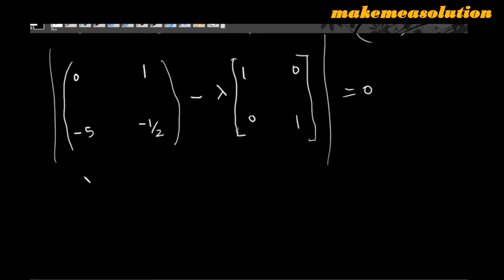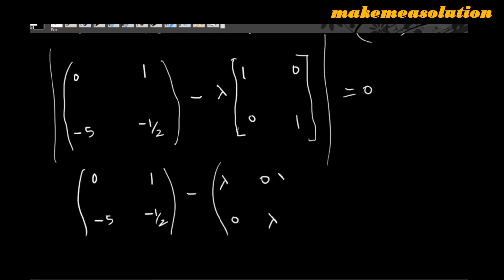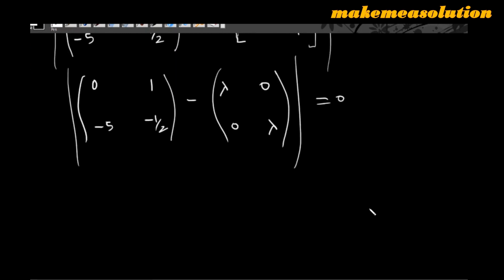So if we solve, we're just going to get this 0 1 minus 5 minus 1 over 2, then minus lambda 0 0 lambda. When we solve further, we're going to get 0 minus lambda giving me minus lambda, 1 minus 0 is 1, minus 5 minus 0 is minus 5, and minus 1 over 2 minus lambda. So you're going to solve this and equate it to 0.